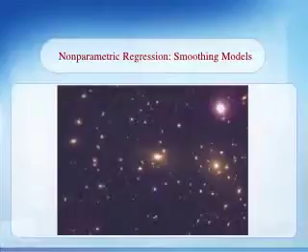Running mean smoother. If we define an origin and a bin width and average the r values in the bin as in the histogram, we get a regressiogram. See figure 8.7.